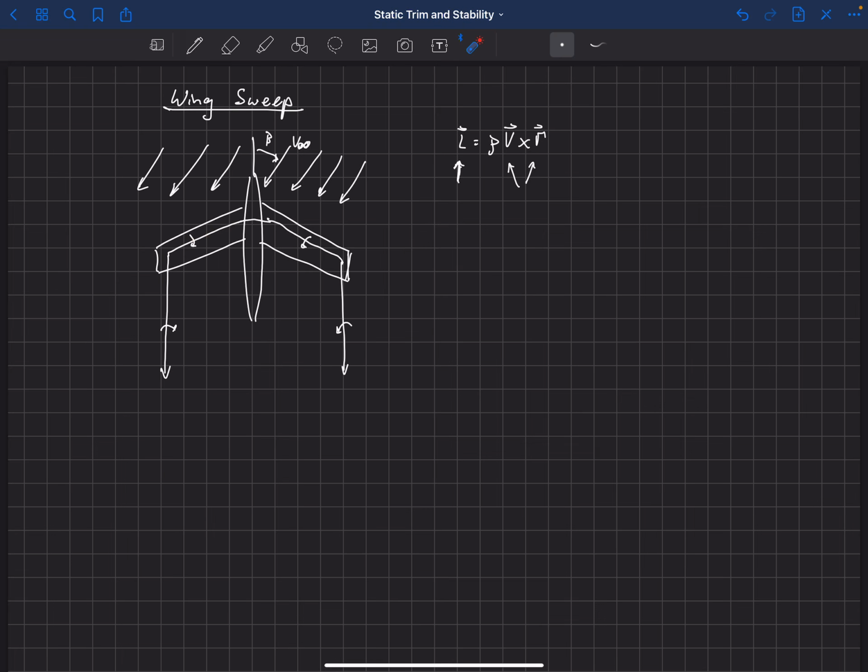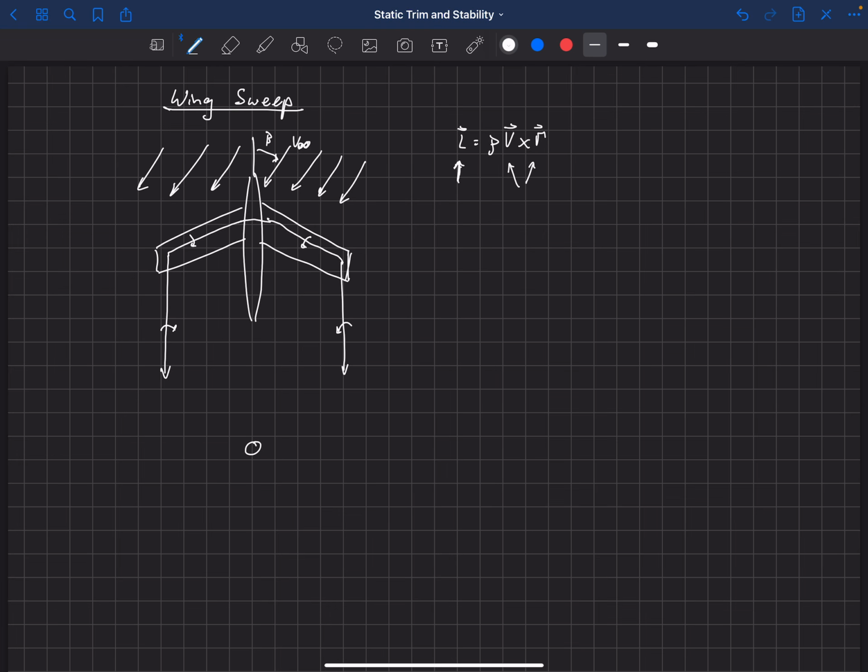Okay, so from the cross product, now notice that the velocity magnitude hasn't changed because we're neglecting the induced velocity. So the velocity magnitude hasn't changed. And so the difference here, though, is that we've got something more perpendicular on the right-hand side than on the left-hand side, and so the magnitude of the lift will be different on either side of the aircraft.